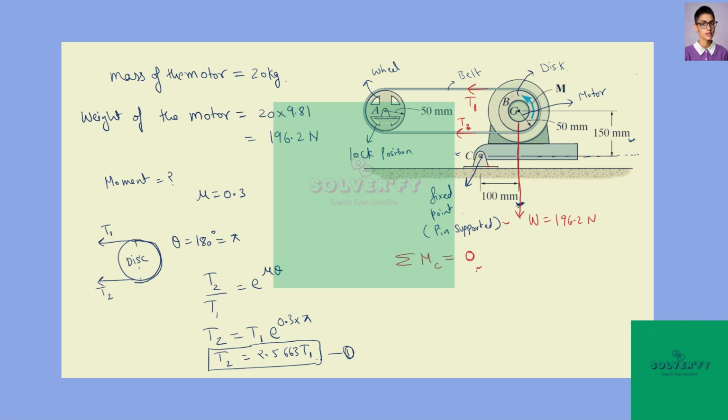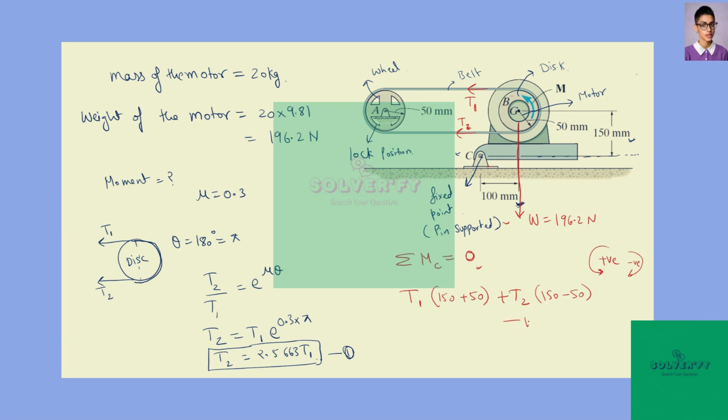So take anti-clockwise positive and clockwise negative. So tension T1 and the perpendicular distance is 150 plus 50. Next T2 and the perpendicular distance is 150 minus 50.